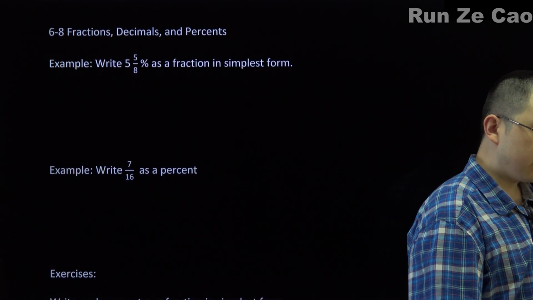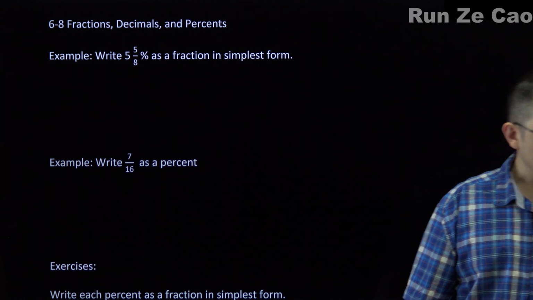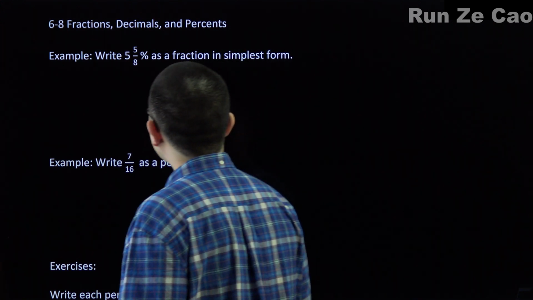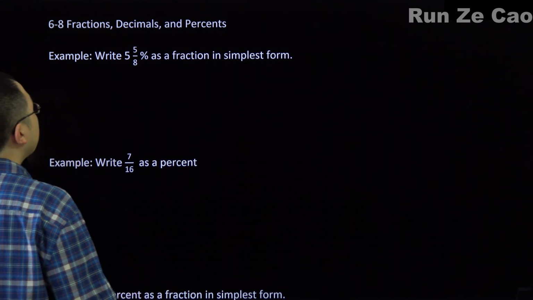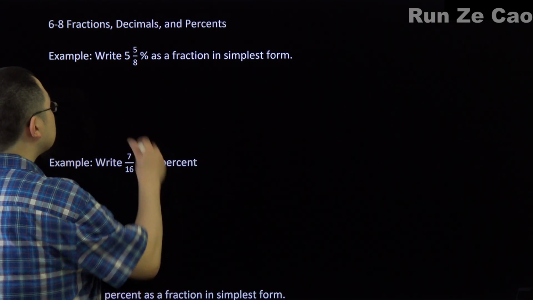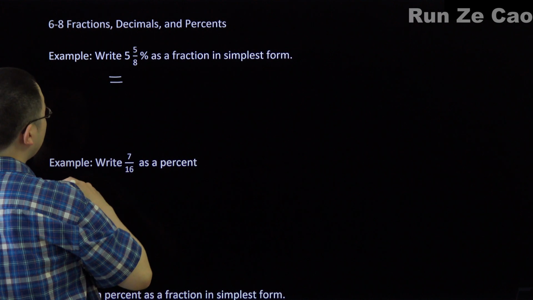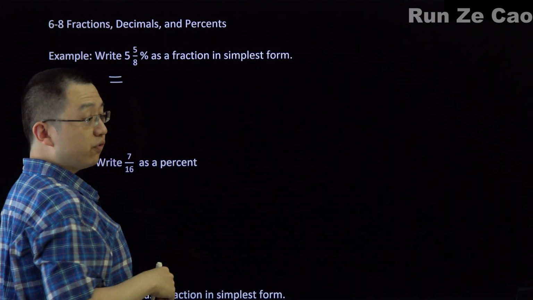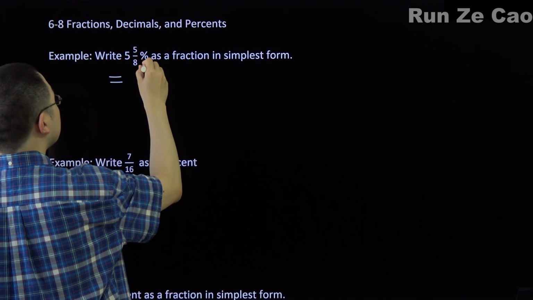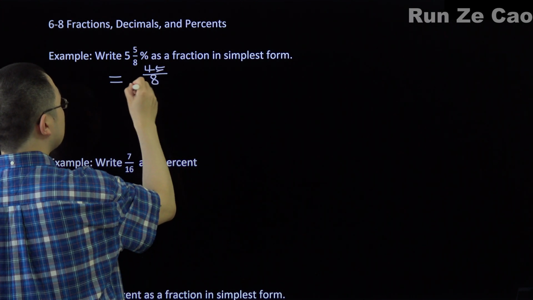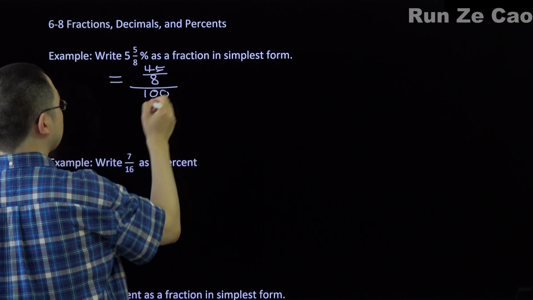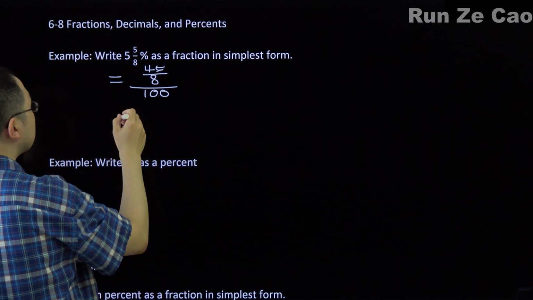Fractions, decimals, and percents. Well, let's write some of these percents as fractions. 5 and 5/8% as a fraction in simplest form. Okay, 5 times 8 is 40, plus 5 is 45 over 8 over 100. Percent means per 100.